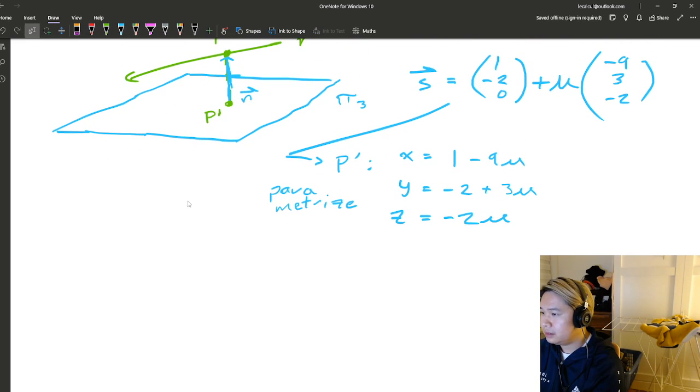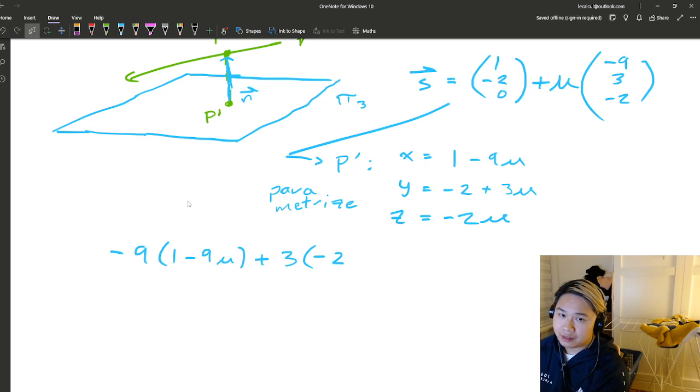Okay, so plugging them in for x, y, and z in the plane equation. And then this will help me find mu, by the way. Then I can go back and plug it into these equations to get the actual point P prime.